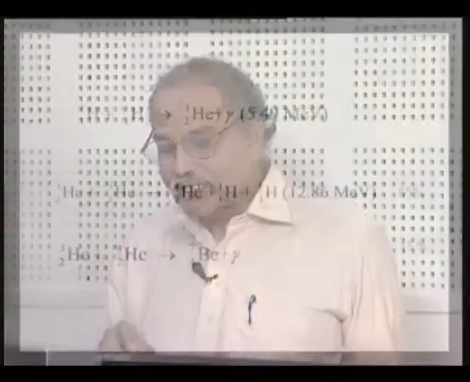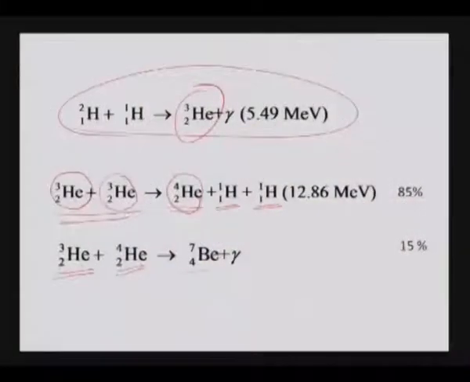So, in the core you do have these 4He nuclei in significant numbers. This 3He combines with this 4He, making 7Be. So, that is another route, which happens 15% of the time. 3He and 3He combining happens 85% of the time.